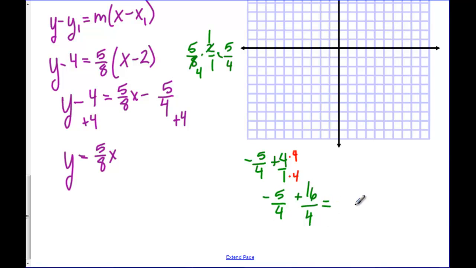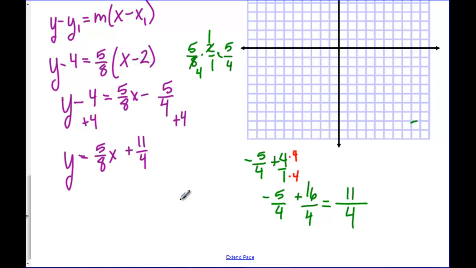Well, once we have a common denominator, we can just add and subtract right across on the top, and the common denominator stays the same. So we have negative 5 plus 16, which is going to give us a positive 11/4. So we end up with y equals 5/8x plus 11/4.